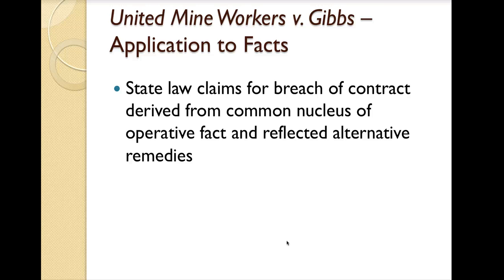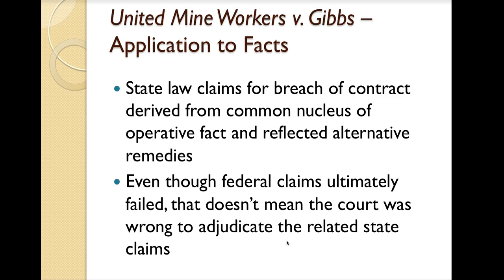Both the state law claims and the Labor Management Relations Act claims, the federal claims, derive from the same operative facts, the nucleus of operative facts being the events at the strike at the mining facility that eventually led to Gibbs losing the work there, but they merely reflect alternative remedies, so those claims could be brought together.